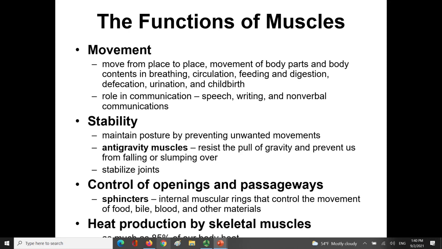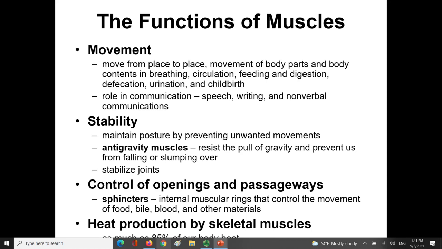They also play a role in stability. They maintain our posture by preventing unwanted movements. And there are anti-gravity muscles that resist the pull of gravity and prevent us from falling or slumping over. They stabilize our joints.